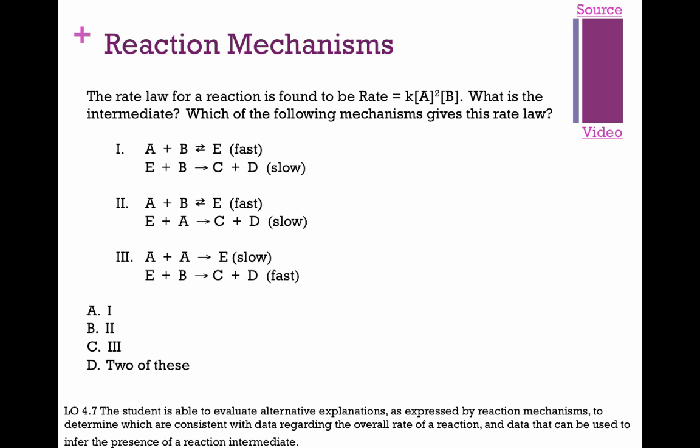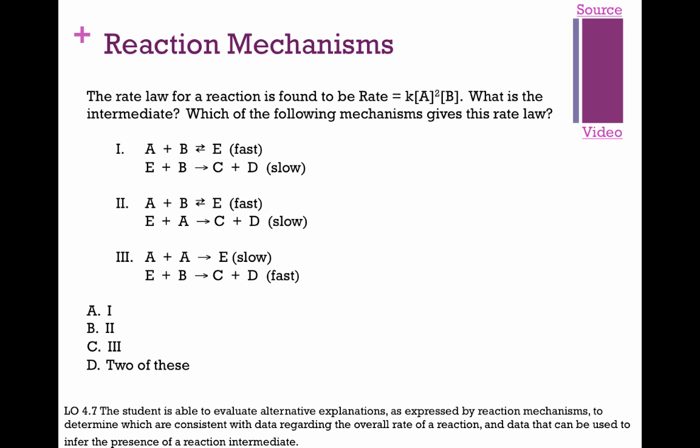Now I'm going to rearrange this to solve for my intermediate. And what's my intermediate here? E. So I'm going to solve this. Kf over Kr times A times B. Now K is K. Don't get caught up in all your K's. You could really cancel them out and not worry about it, because when you have a K, it's a K. Okay, so let's plug E back in for our rate law of our slow step.